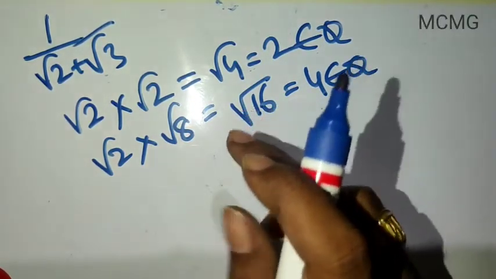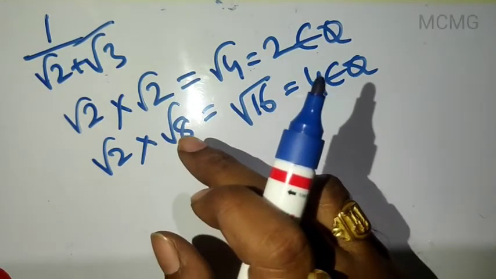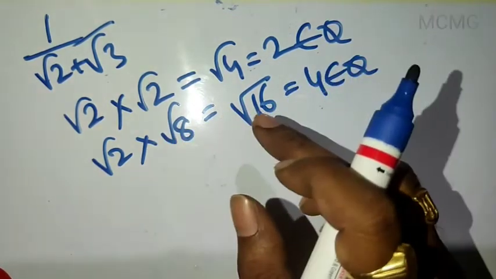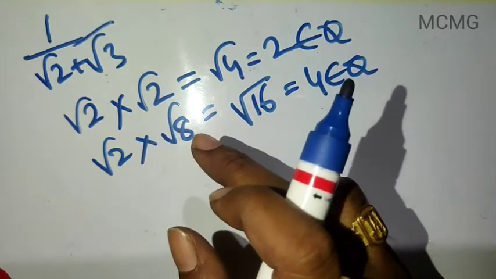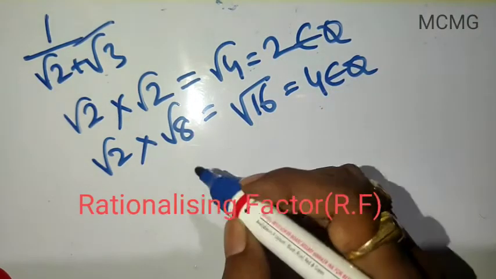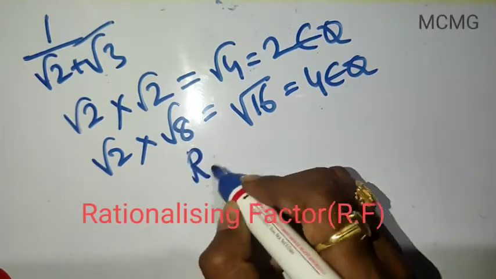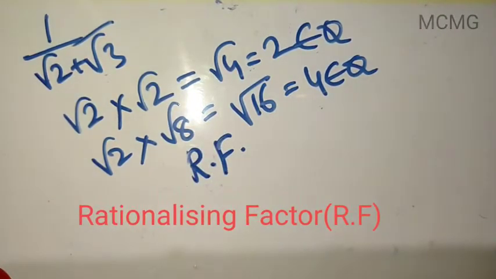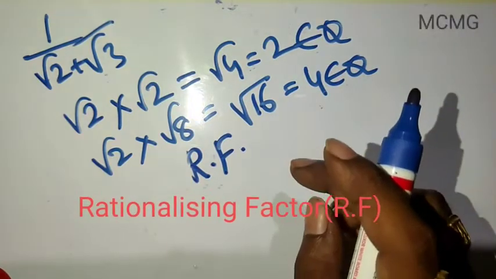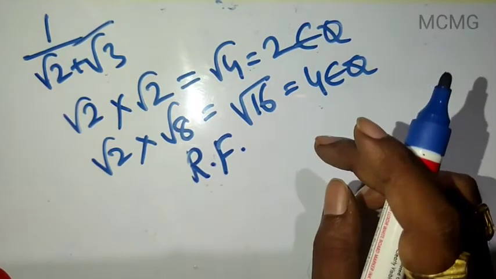Here see, the factor of multiplication by which rationalization is done, that factor is called the rationalizing factor. What do you call? Rationalizing factor. In short form we call it RF, rationalizing factor. Clear?